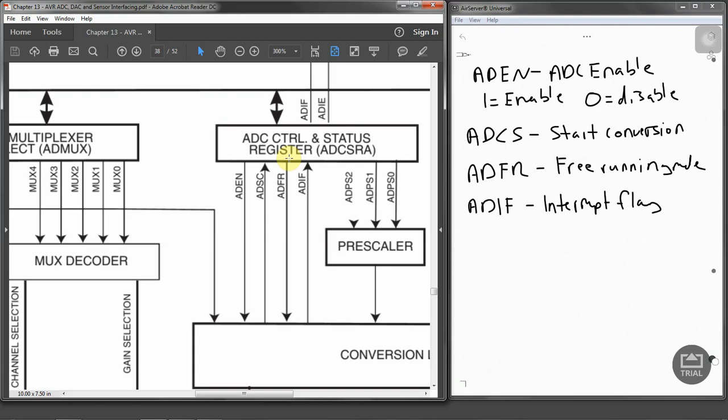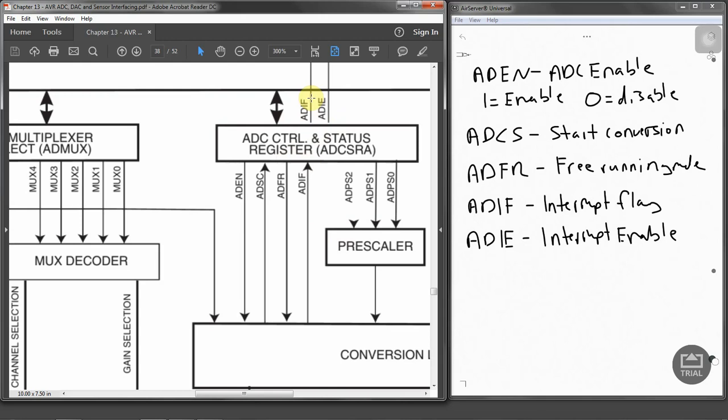And to have an interrupt, we need to set the interrupt enable bit to 1. So the interrupt flag is over there and the enable is over there, and then we can enable the interrupts. If you don't want to use interrupts, we can also use polling methods.